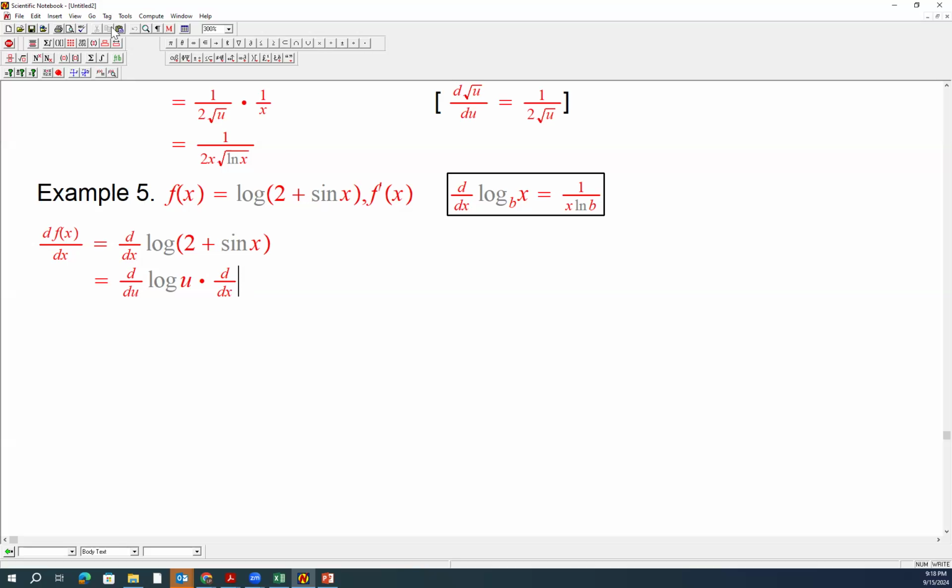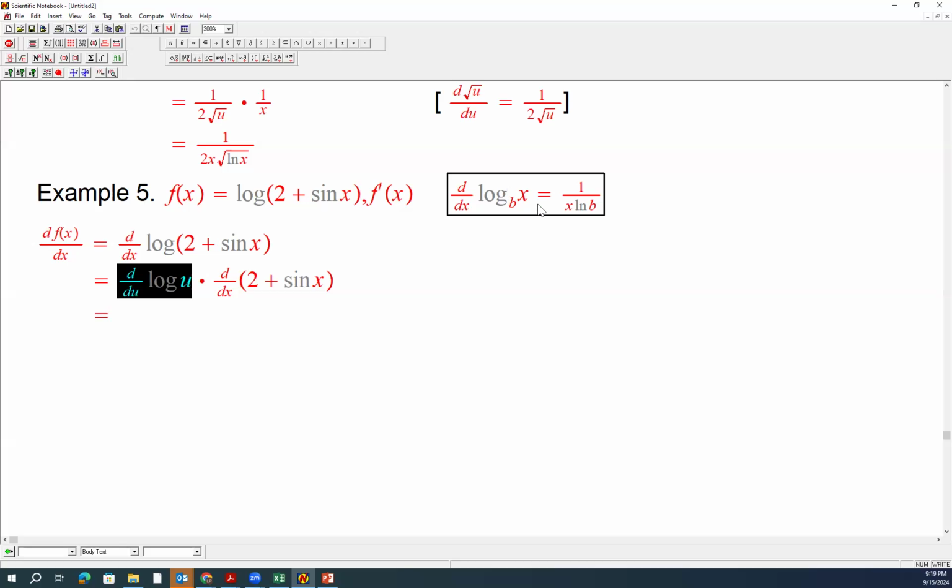Of course, you could have done your faster version of this, but I'm just going to be cautious. Common log u. So that's the base e. I'm sorry, base 10.